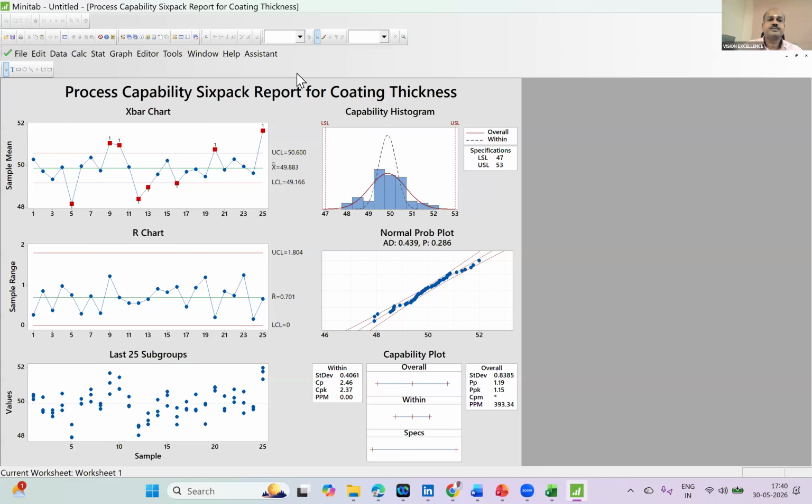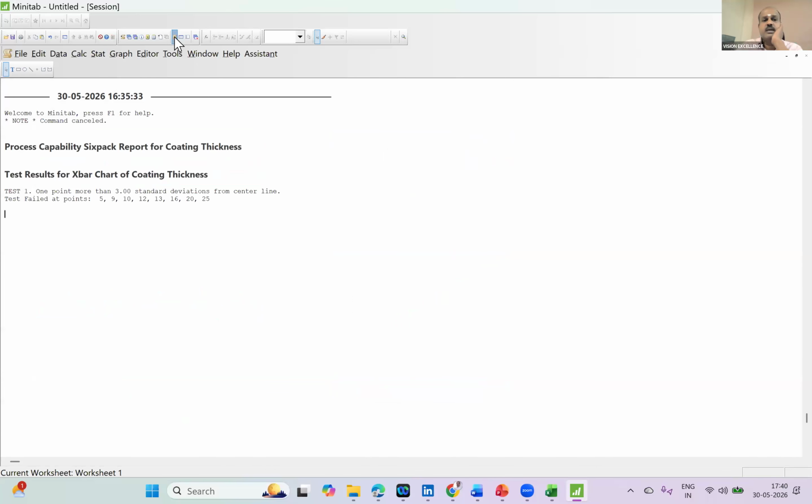I have opened the session window. So what are we going to do? We are going to do the proportion test and chi-square test.